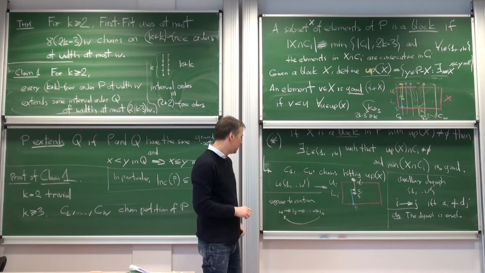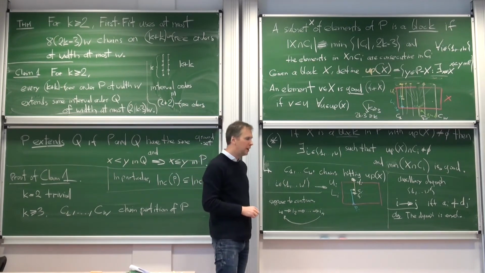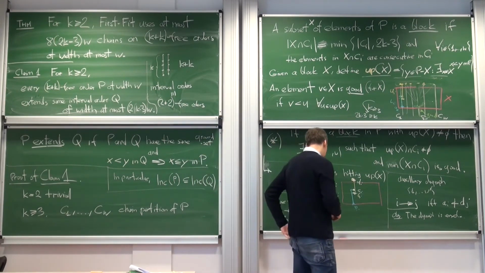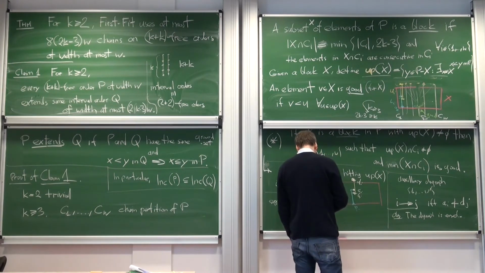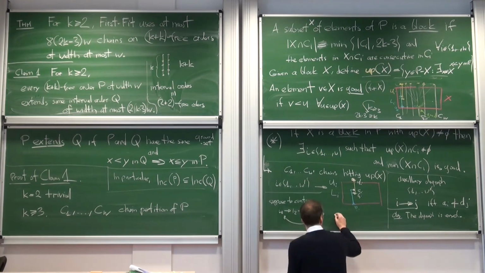So what we want to prove now is that B2 is less than C1 in our poset P.